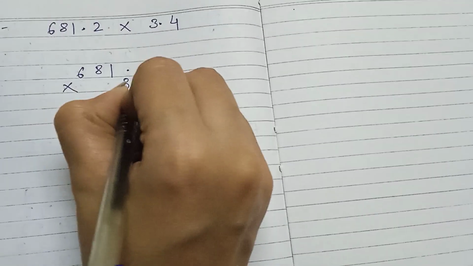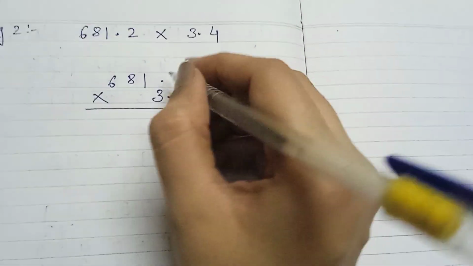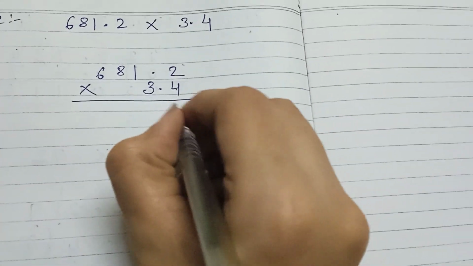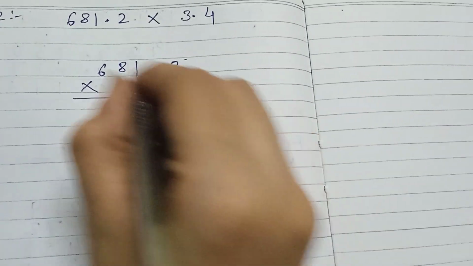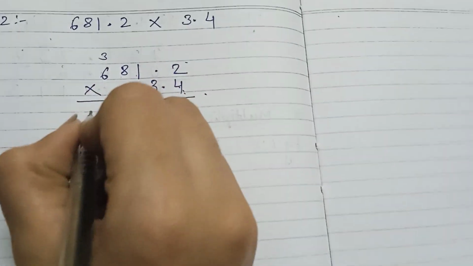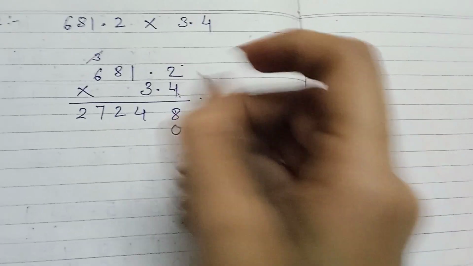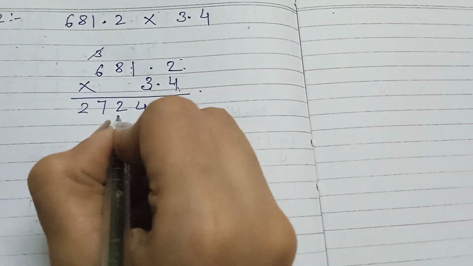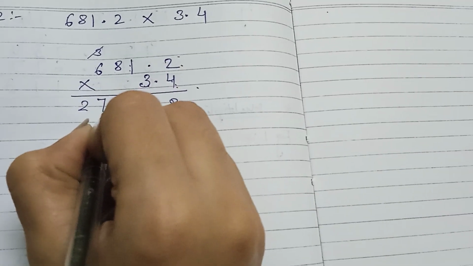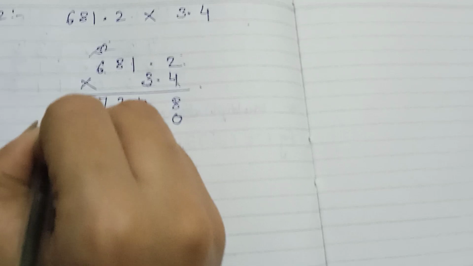Here also 3.4. Okay, now normal multiplication how we did before. 4 2s are 8, 4 1s are 4, 4 8s are 32, 4 6s are 24 plus 3, 27. 1, 0. 3 2s are 6, 3 1s are 3, 3 8s are 24, 3 6s are 18 plus 2, 20.